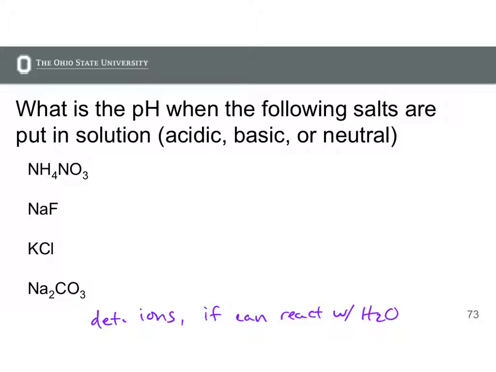I will tell you, though: ammonium nitrate, acidic. Sodium fluoride is going to be basic. Potassium chloride will be neutral. And sodium carbonate will be basic. Again, I'll post a video walking through each of these.